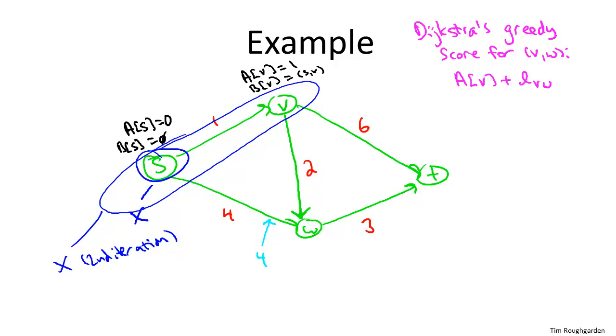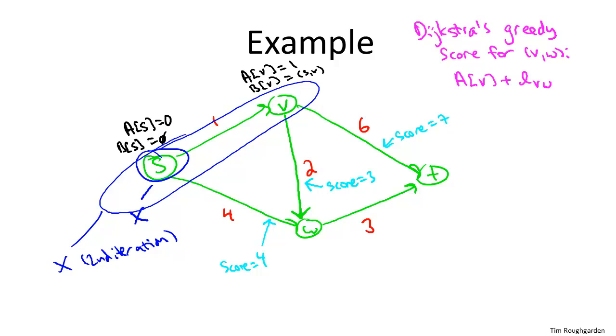The A of V value is 1. We add to that the length of the arc, which in this case is 2. So this edge V,W has a score of 3. Finally, there's the arc V,T, and here we add 1, the shortest path distance of the tail of the arc, plus the edge length, which is 6. So that has the worst score.